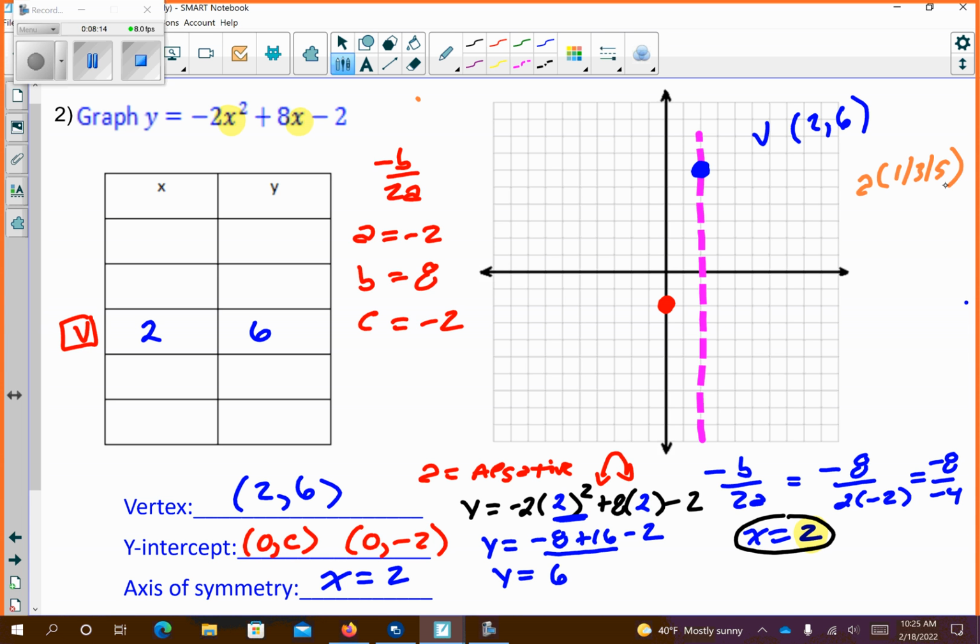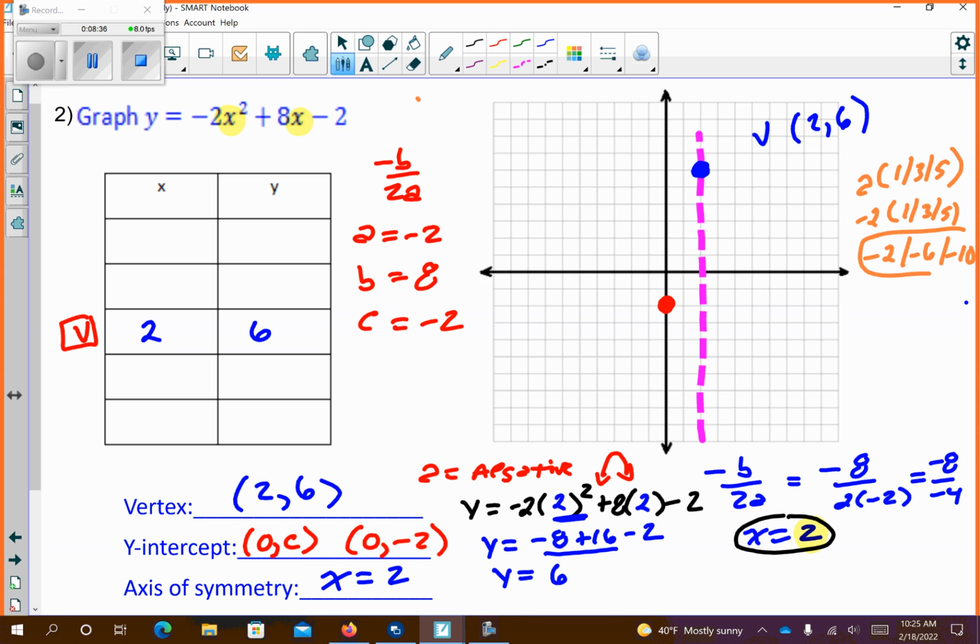A lot of times in here, we will probably just use the 1 and the 3. The 5 might be off our graph completely, so we're not going to worry about it. So what's my A value in this original equation? -2. So I'm going to go -2 times 135. That means I'm going to pattern graph at -2, -6, -10.